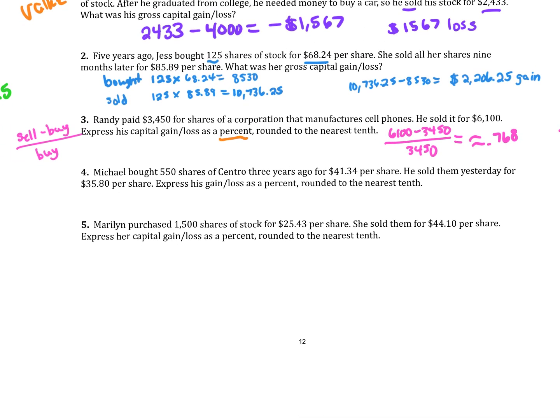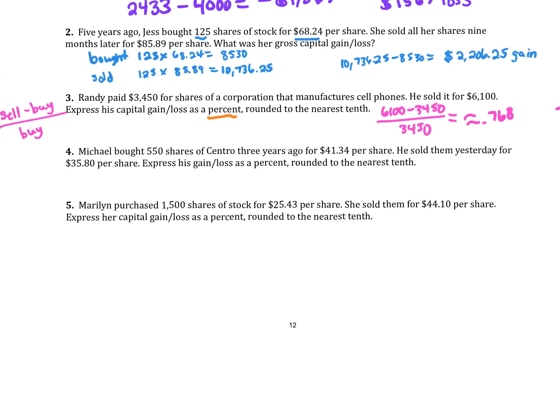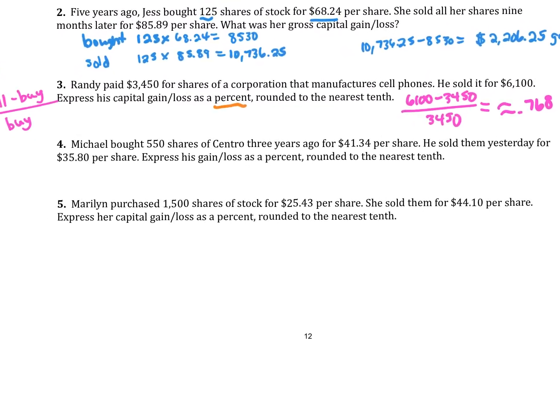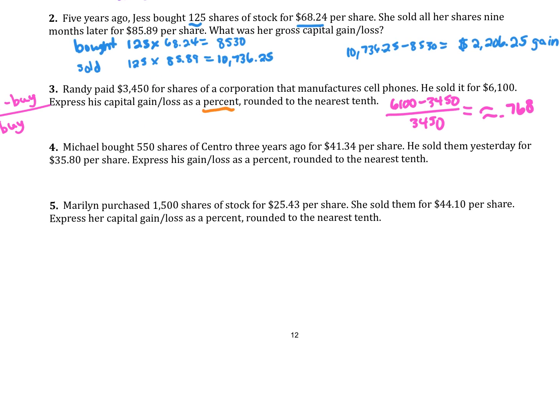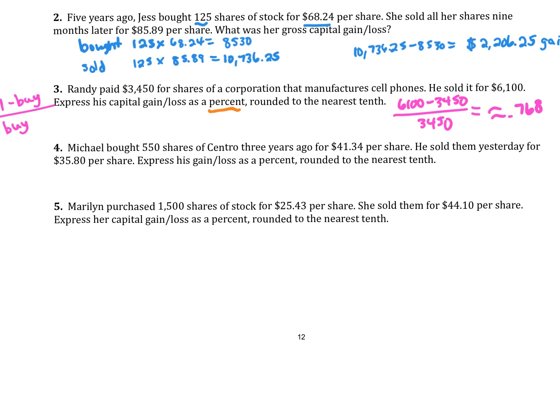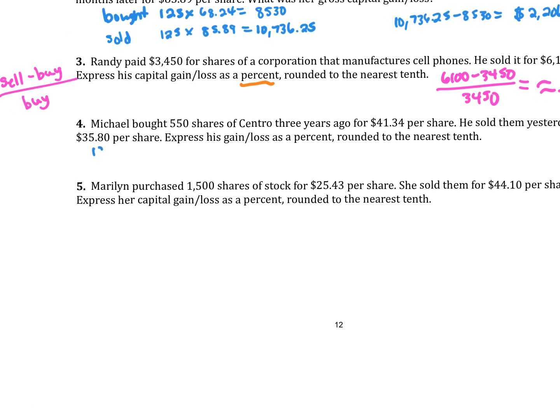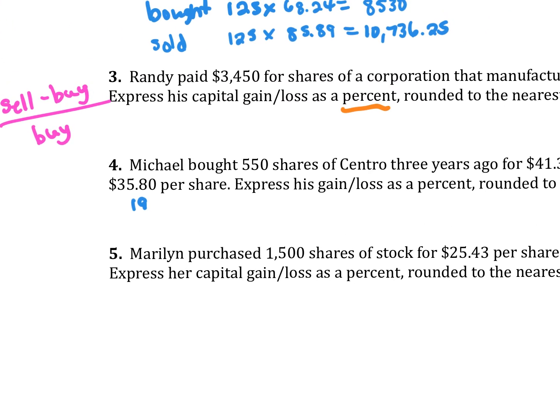If we're doing the sell minus the buy over the buy, then you would be doing 550 times 35.80 and getting that amount, and that should be 19,690.